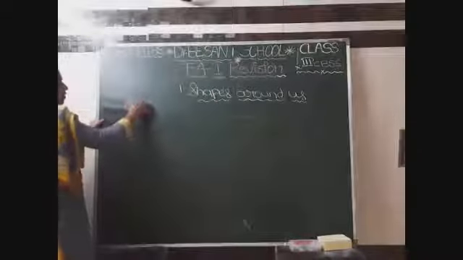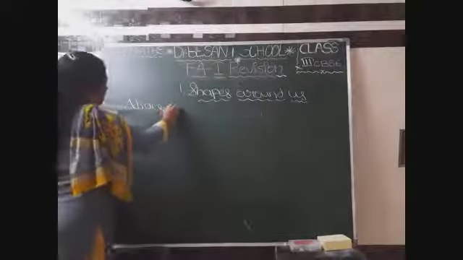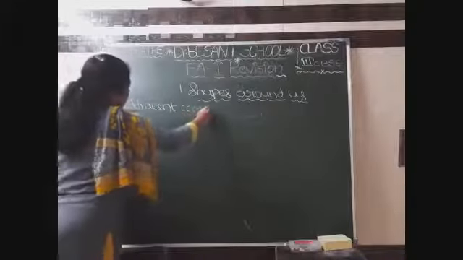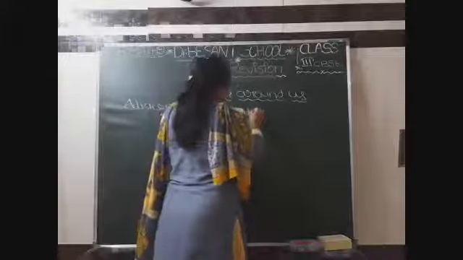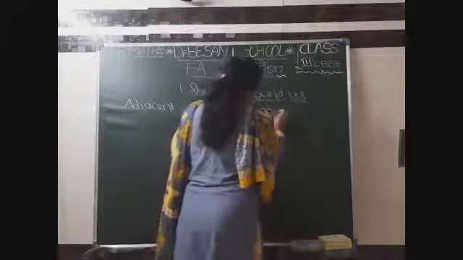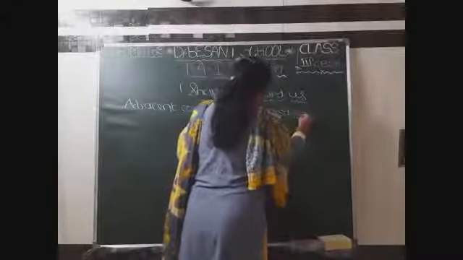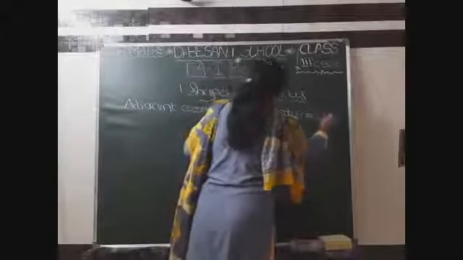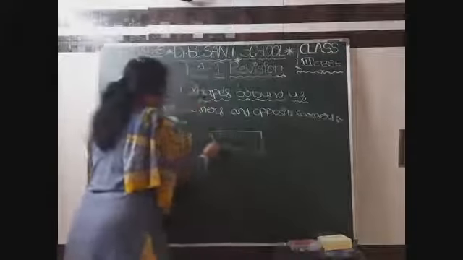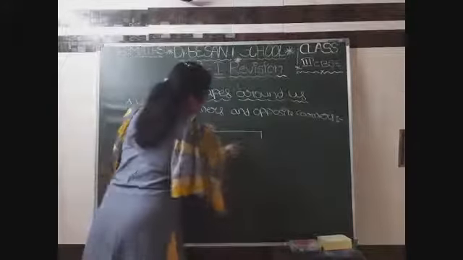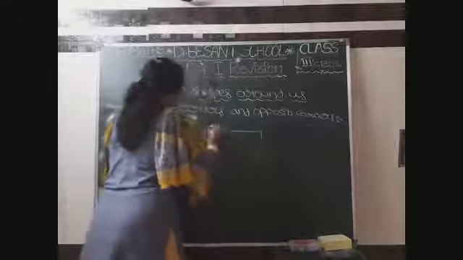Now, first concept is adjacent corners and opposite corners. Do you remember, children, what are adjacent corners and what are opposite corners? Yes, I will explain now. What is this? This is a rectangle.